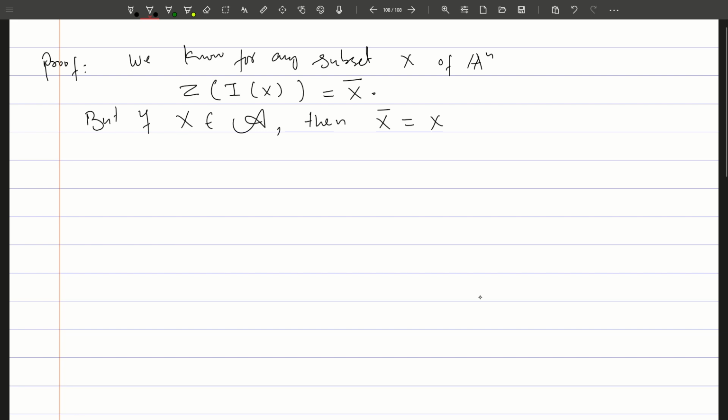And hence Z of I of X will be equal to X.